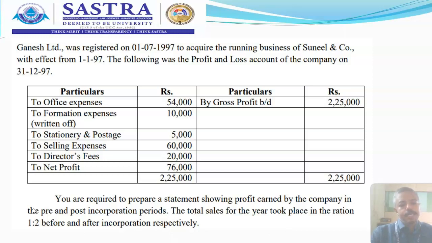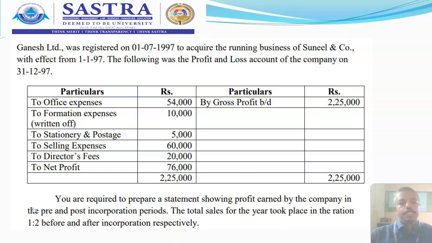And after July 1st, that means from the date of registration, from the date of incorporation as Ganesh Limited, we call that the post-incorporation period. Now, what is time ratio? Time ratio is the period between the pre-incorporation period and the post-incorporation period, expressed in the form of a ratio.